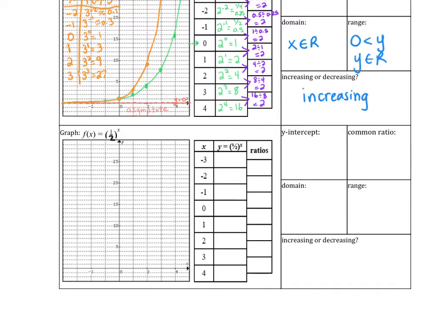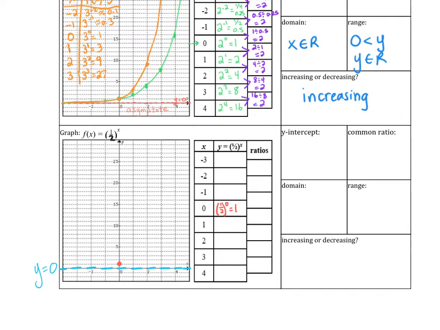And as we said before, the y-intercept is always at 1 because anything to the exponent 0 is equal to 1. The other thing to know is that you're always going to have that asymptote at y equals 0. So that is the horizontal line that the graph will never end up touching. Always make sure you label it.